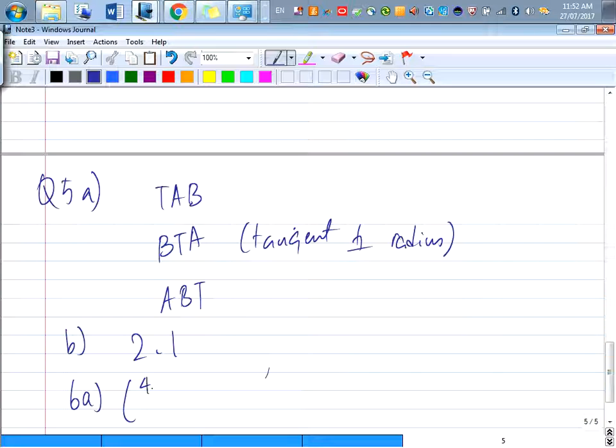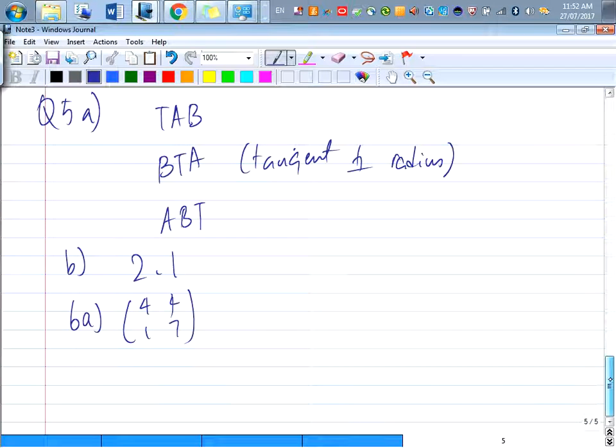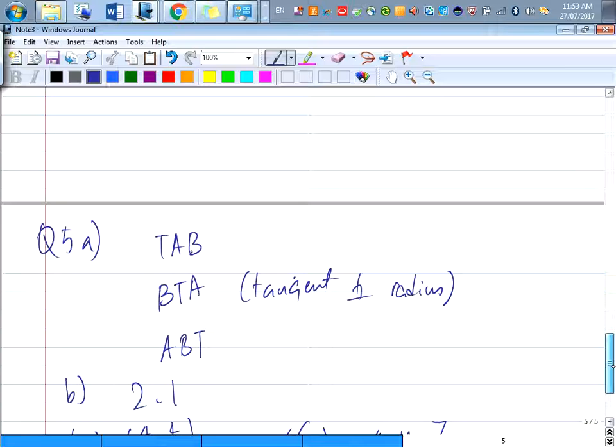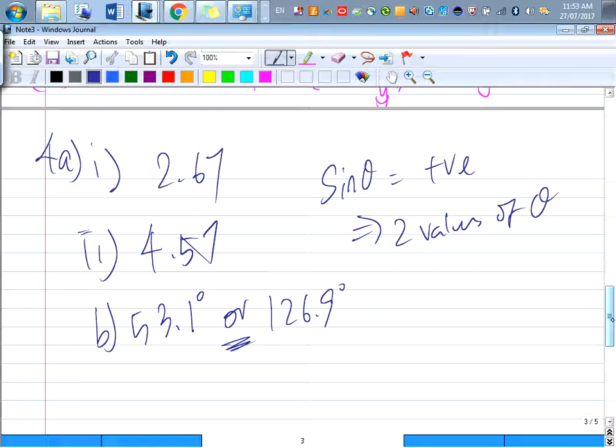6A. Yes. Which one? Yes. Why not? It's for charity.